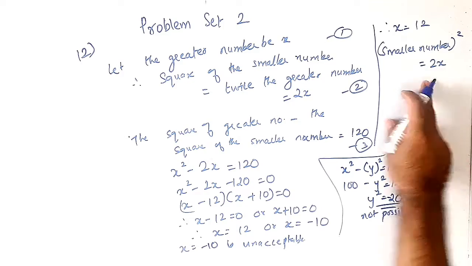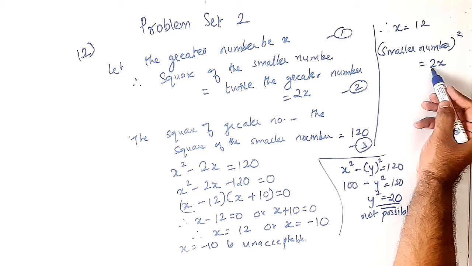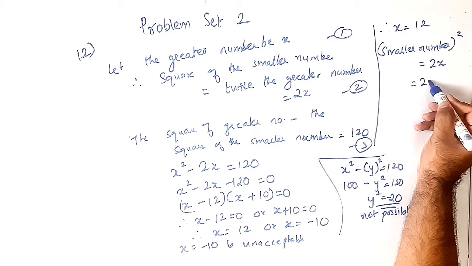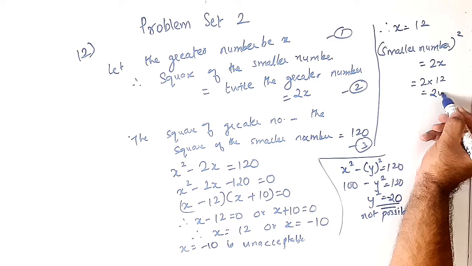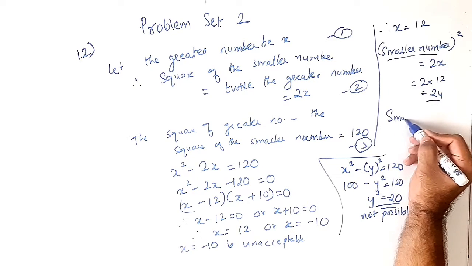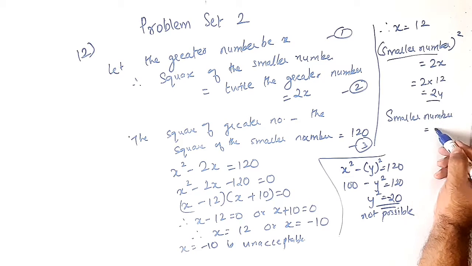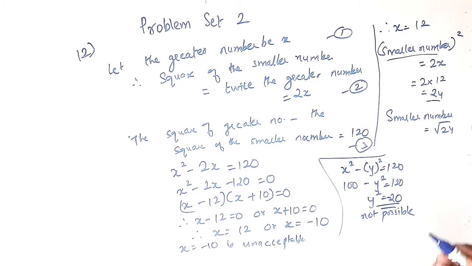This was given: the square of the smaller number is twice the greater number. So it is 2 into 12, that is 24. So the smaller number square is 24. So what is the smaller number? The smaller number is under root 24.